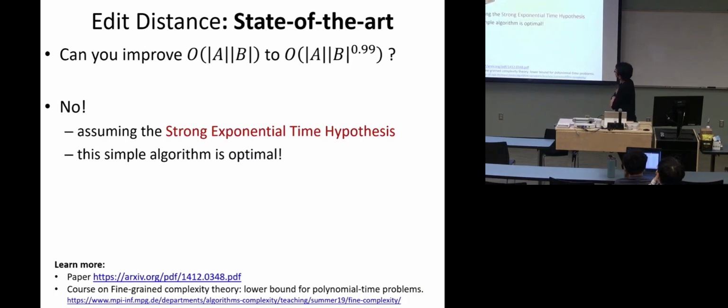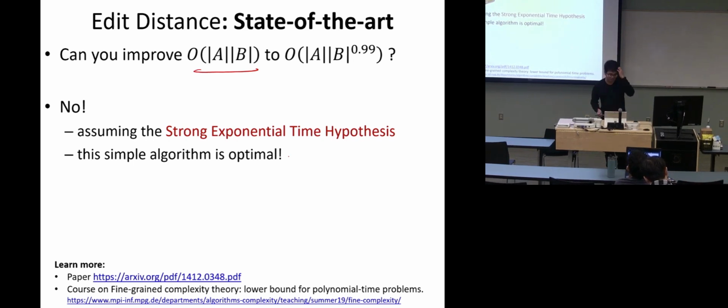So I want to mention one thing about the state of the art of this very simple problem. You have a relatively simple algorithm with A times B running time. Can you improve it a bit, like to A times B to the 0.99? That's very natural; this basic question should be improvable.